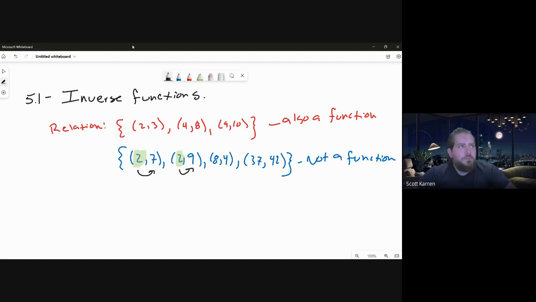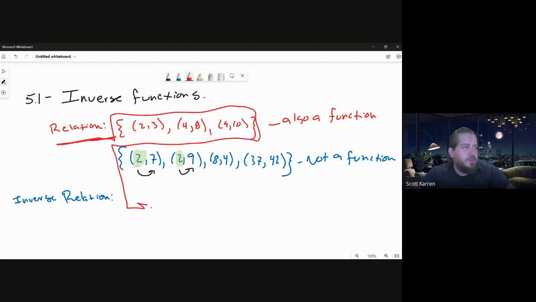And so an inverse relation. Let's do this relation up here. If I just take all of my points and switch them, so instead of (2, 3), I'm going to have (3, 2). Instead of (4, 8), I'm going to have (8, 4). And instead of (9, 10), I'll put in (10, 9).